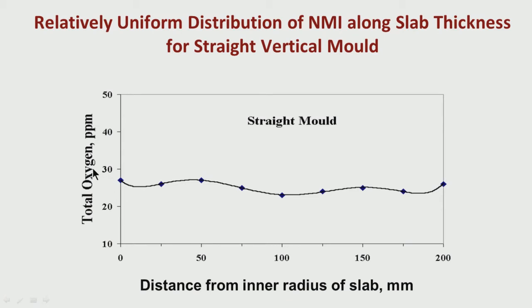How we measure total oxygen, I have discussed earlier. So for a straight mold we find that the distribution of total oxygen, that means the distribution of oxide inclusions, is not that bad, is more or less uniform across the thickness of the slab. This is the top portion, this is the bottom portion. This is the inner radius, this is the outer radius of the slab.